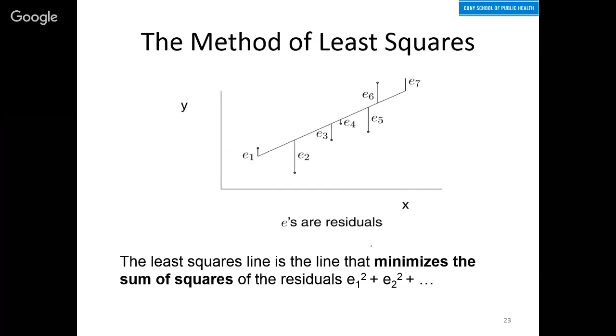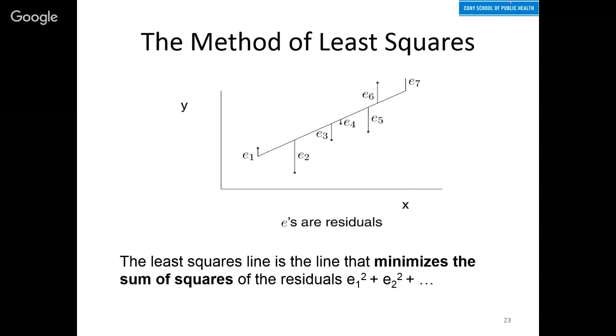And that is the estimated regression line that SPSS or any other software is going to give you. And this is the so-called unbiased estimator of the population values of the slope and intercept.